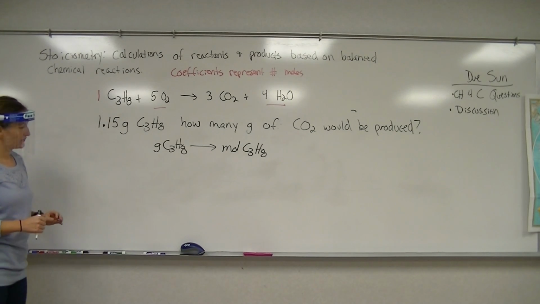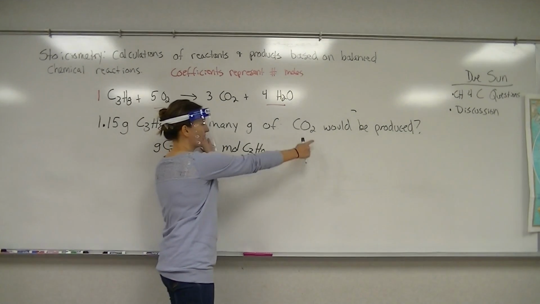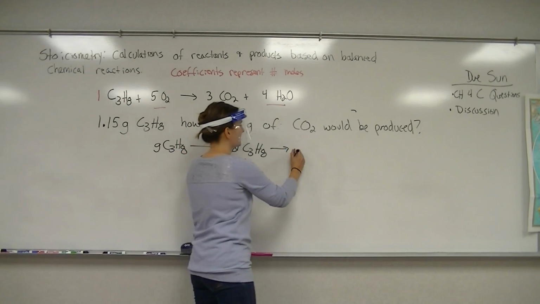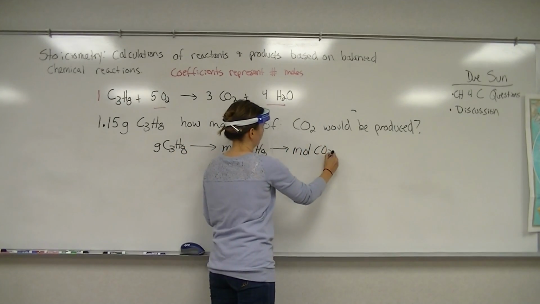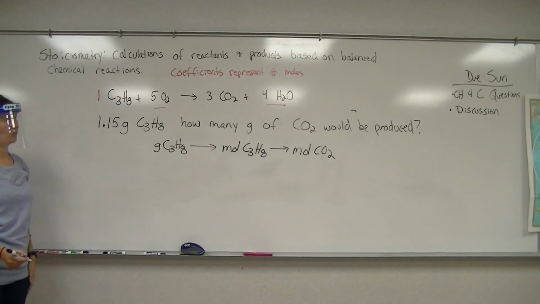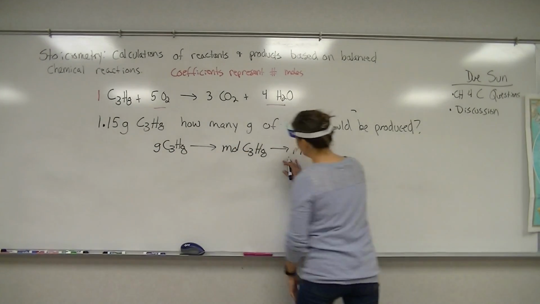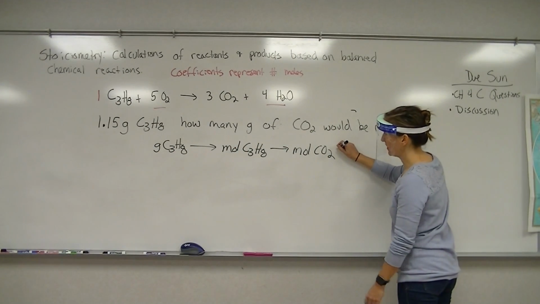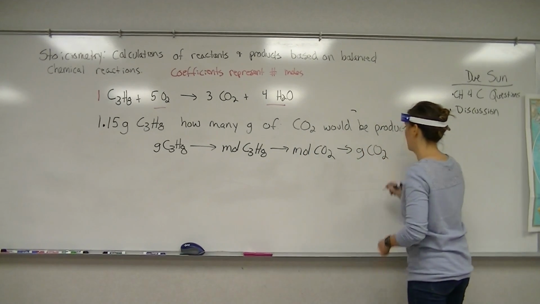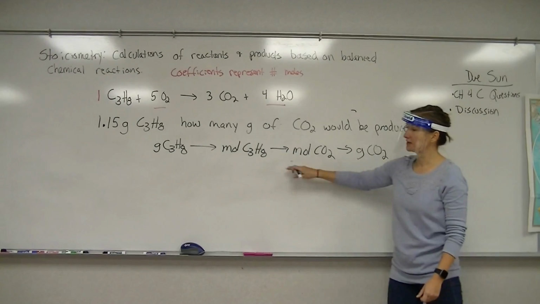So once I have moles of C3H8, remember I'm trying to get all the way to grams of CO2, so my next step will be to get to moles of CO2 using the mole ratio. But I need to keep going. I don't want to stop at moles, I want to get into grams, so I have one more step to get into grams. So, lots of steps.